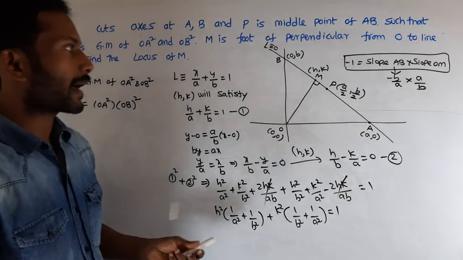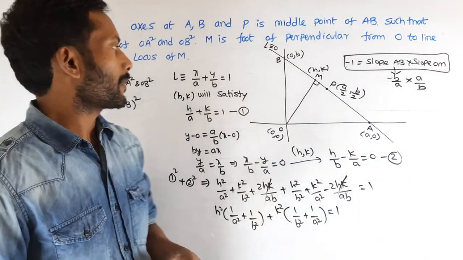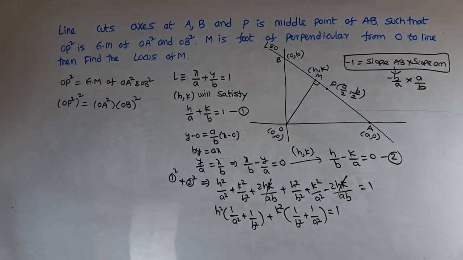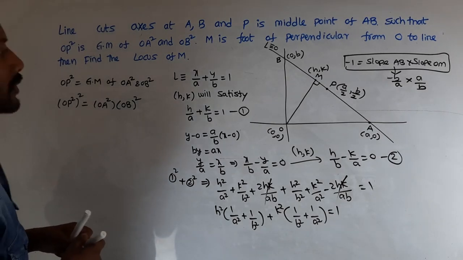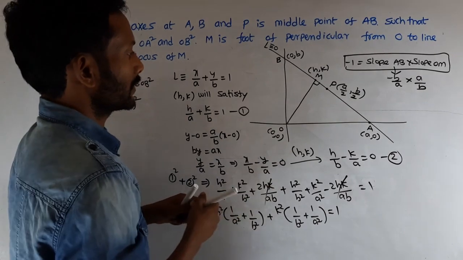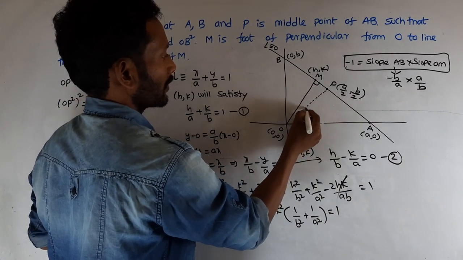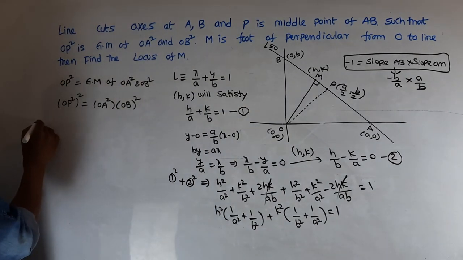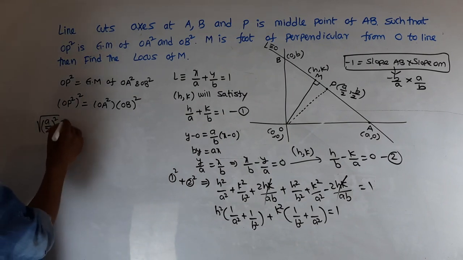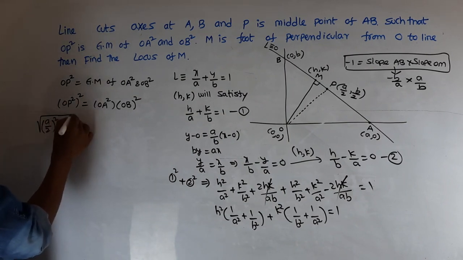First we have to eliminate the parameters, a and b. Given that OP square is the geometric mean of OA square and OB square, the length of OP is the square root of a by 2 whole square plus b by 2 whole square.